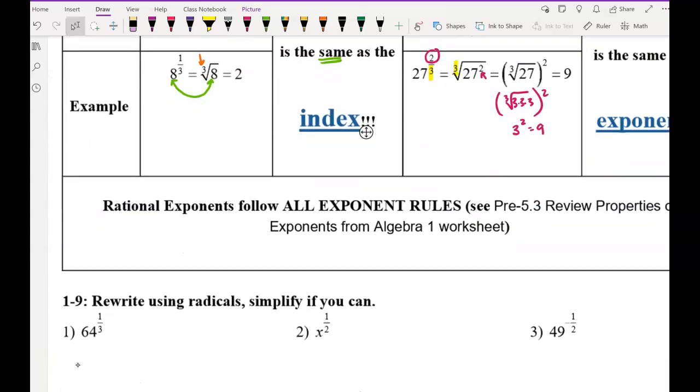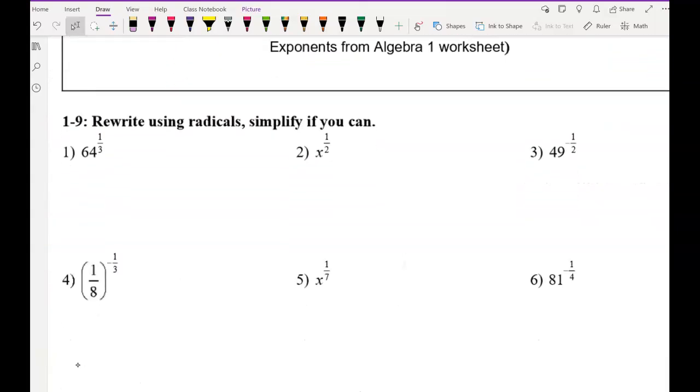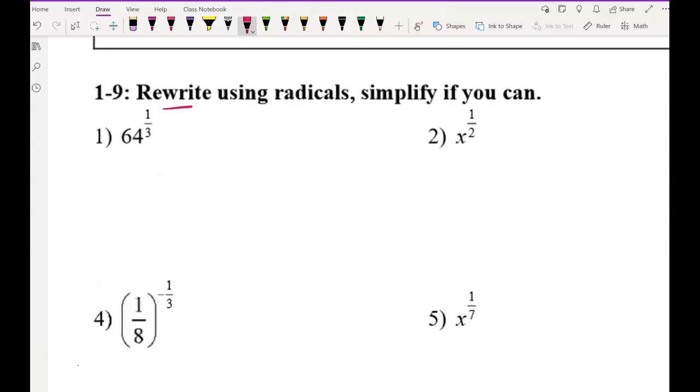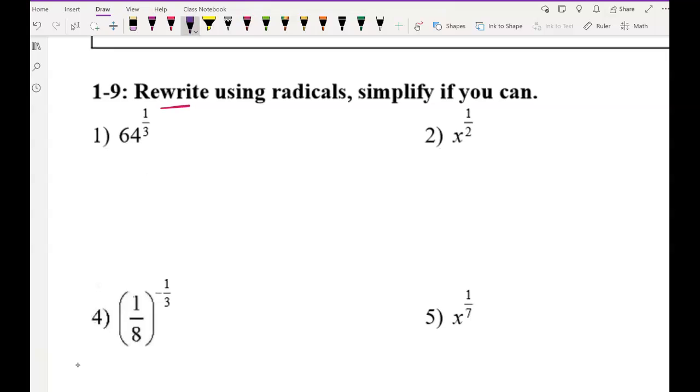So let's go try some of this on your own. Okay, rewrite using radicals. Simplify if you can. So base is 64. Radical means we have to have a radical sign. Your denominator is going to be 3, so that's going to be index. Your exponent's 1, so it's kind of like writing 64 to the 1 power.